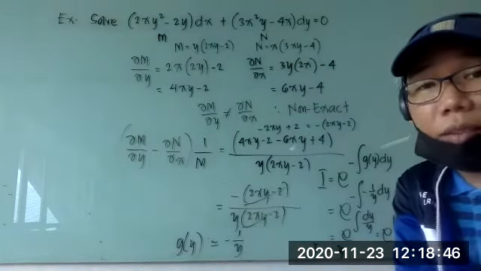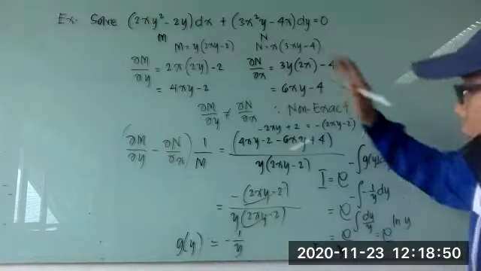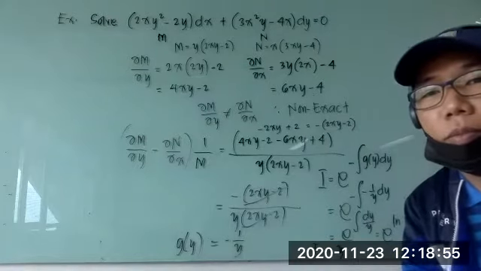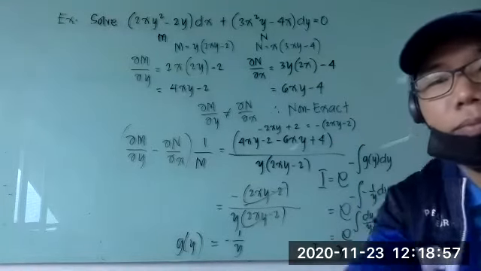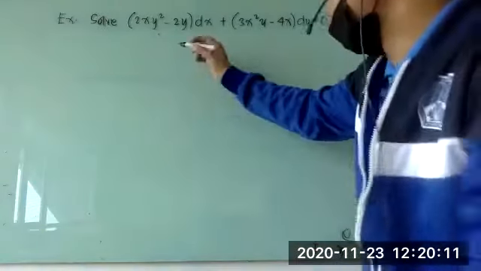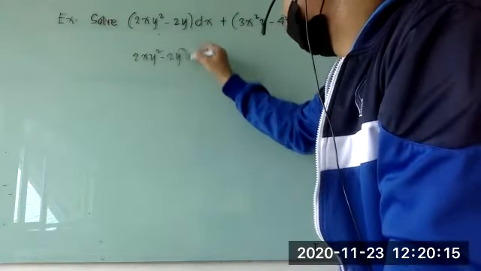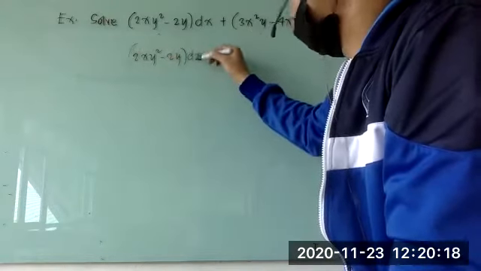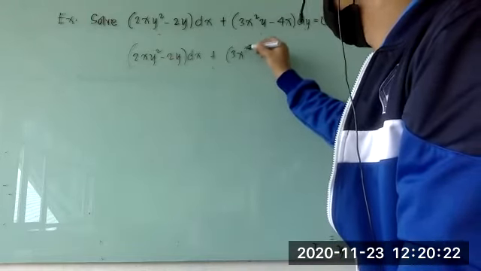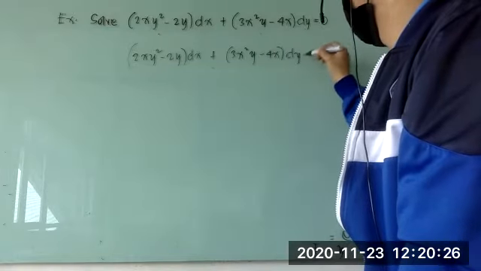Now that we have the integrating factor, we multiply the given equation by this integrating factor to make it an exact equation. Okay, we copy the given DE. So this is (2xy squared minus 2y) dx plus (3x squared y minus 4x) dy equal to 0.